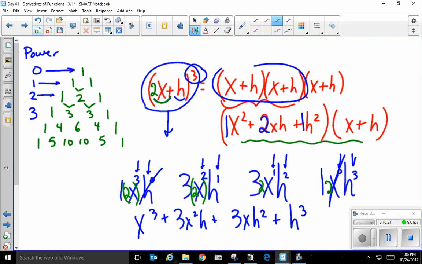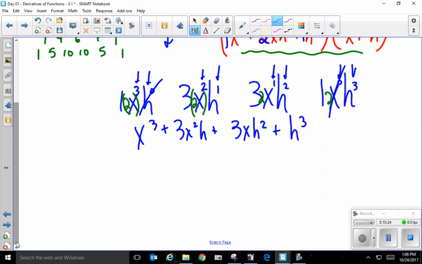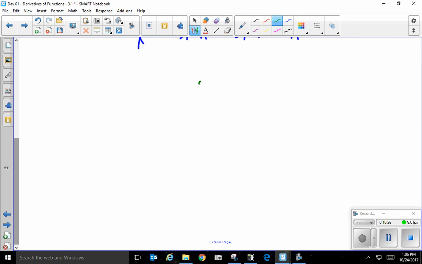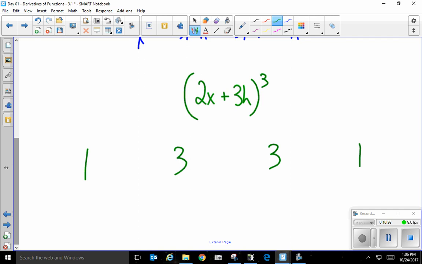Let's do another cube. Let's do 2x plus 3h cubed. I know it's 1, 3, 3, 1. I'm going to take each term: 2x, 2x, 2x, 2x. I should really put that in parentheses.